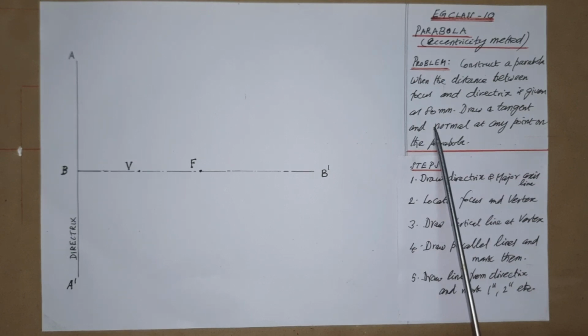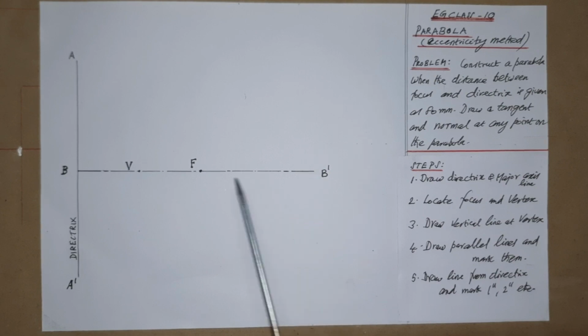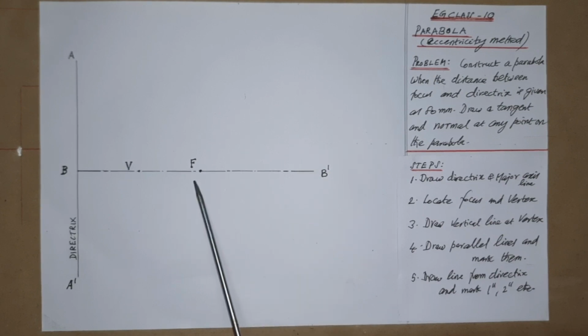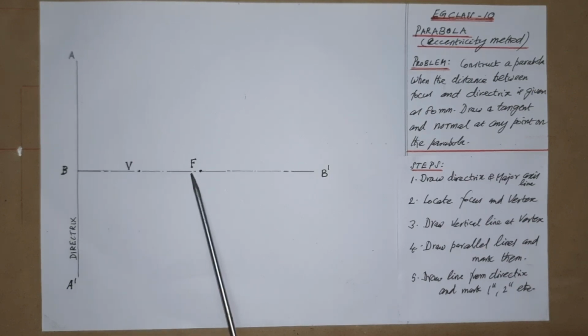So mark it on the line BB dash and name it as focus F, that is 80 mm from B to F. Since it is given in the problem to draw the parabola, we know the standard rule for a parabola is eccentricity E equal to 1. That is, if E is equal to 1, then it is a parabola.